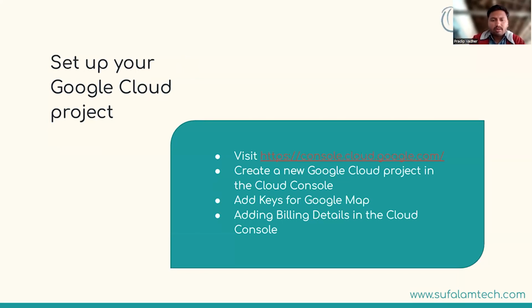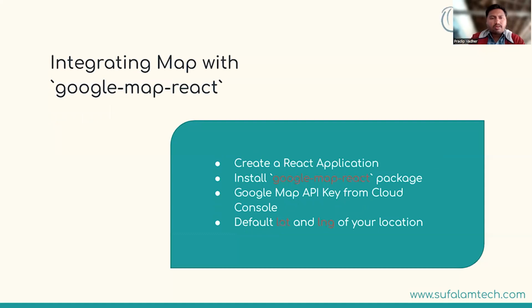If we have any predefined project or existing user project in Google Cloud, then we can use the same project for Google Map as well. After that, we have to add billing details. Then we have to implement the Google Map React library, which is available on npm. So we will check out how to go for that.